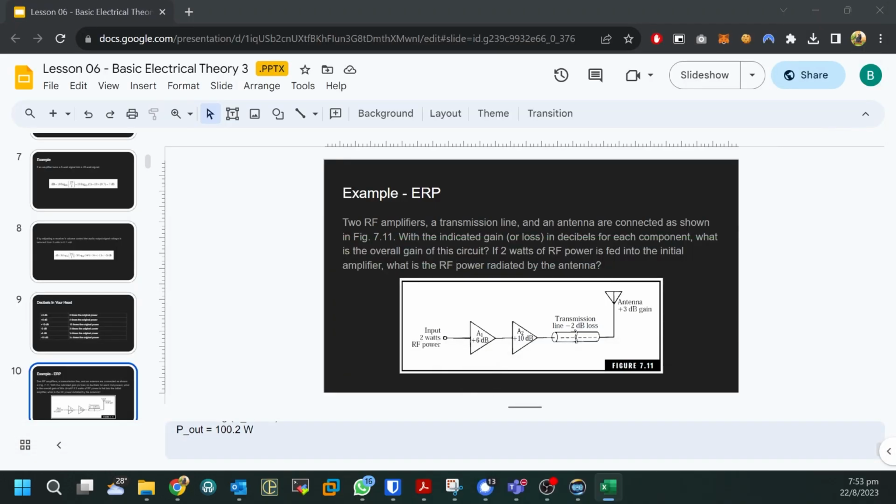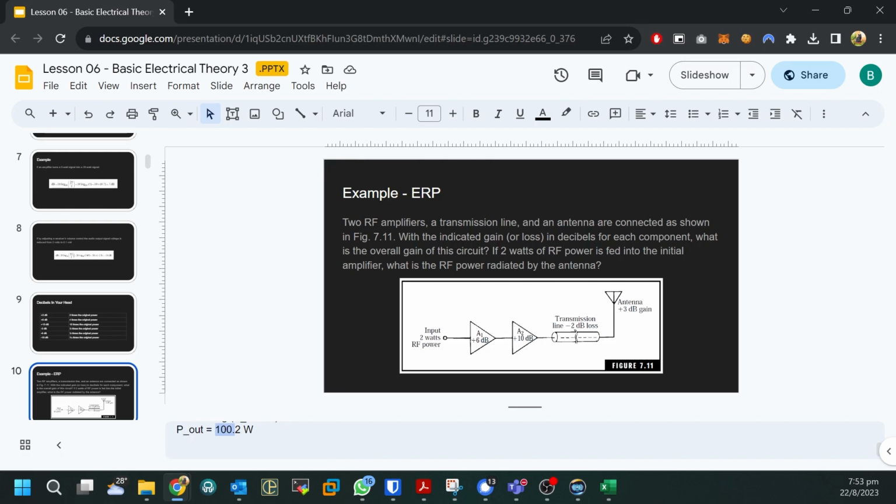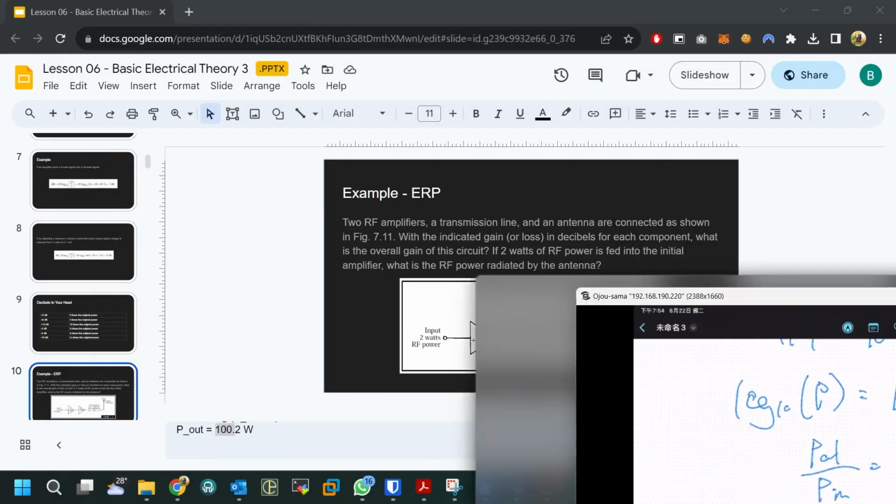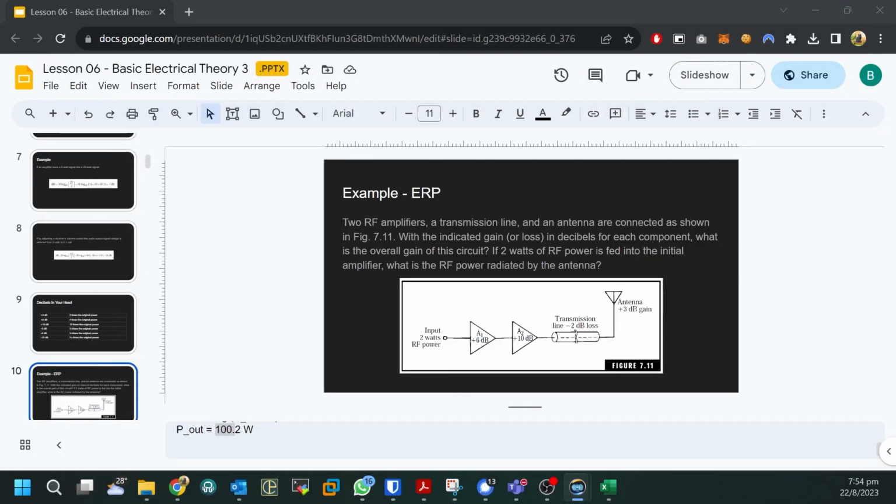That's why they have to give you this number. Let me show you my calculation once again. Where's my calculation? Okay, here. Trust me, this is how you do the math. Because it will ask you some questions on power, you have to make sure you know how to do dB.